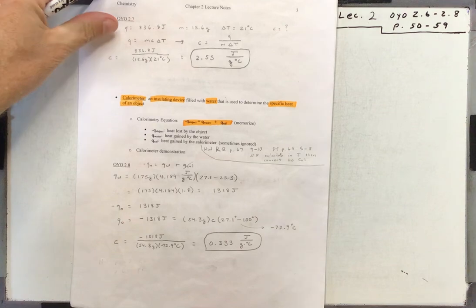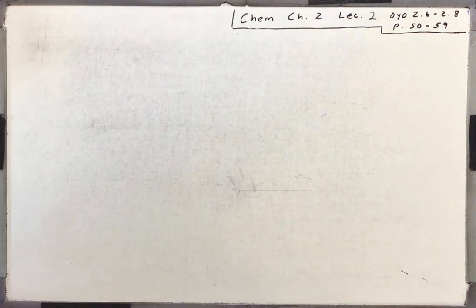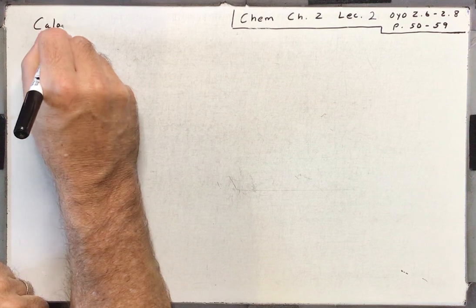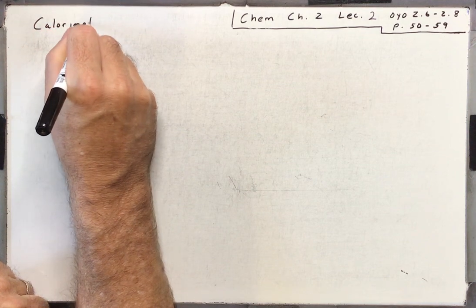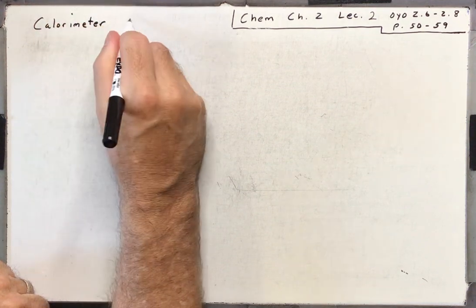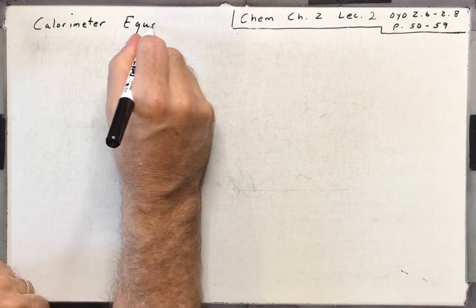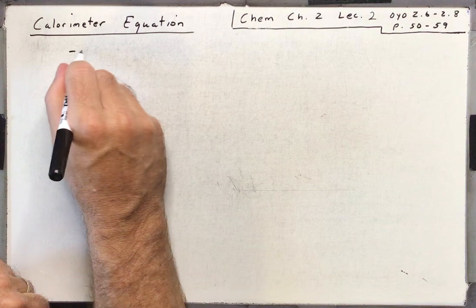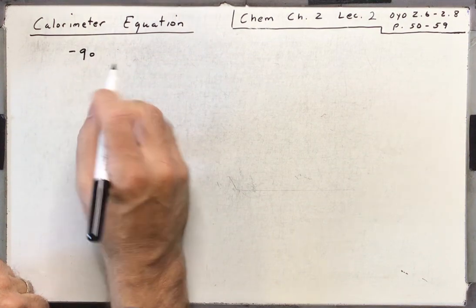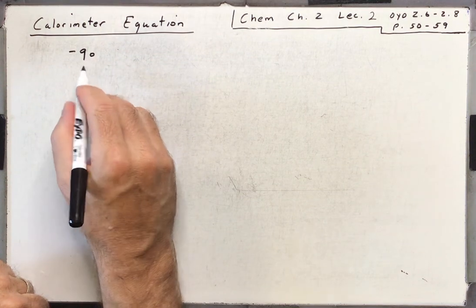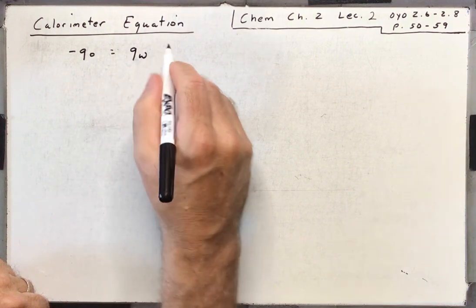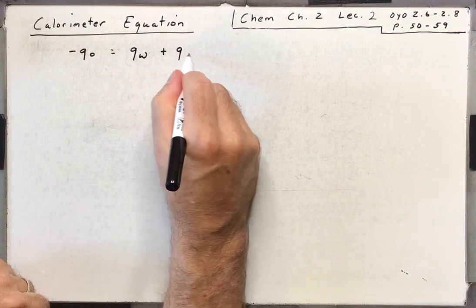It's minus Q of the object, so that's like the piece of metal, is equal to the Q of the water plus the Q of the calorimeter.